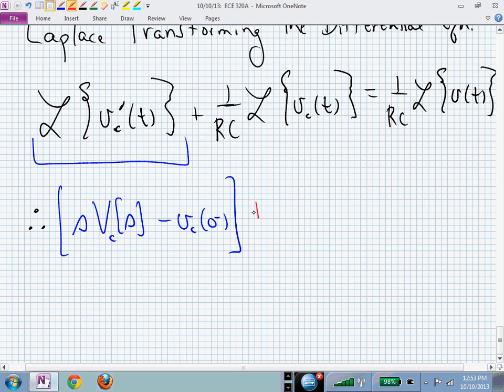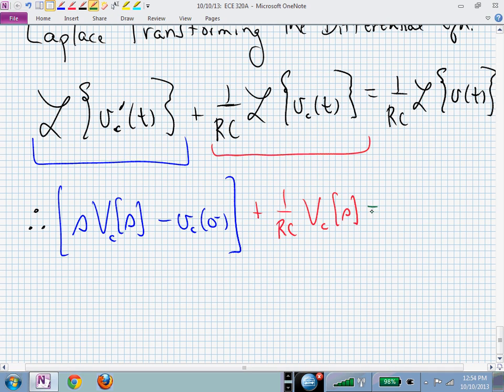Then if we Laplace transform this second piece, we don't know yet what little v sub c of t is, and so we simply say, oh, we have to have its Laplace transform, capital V sub c of s. That's as easy as that step is.